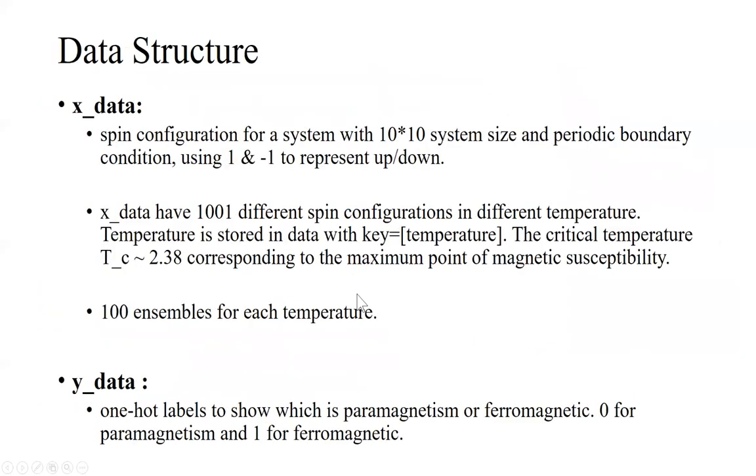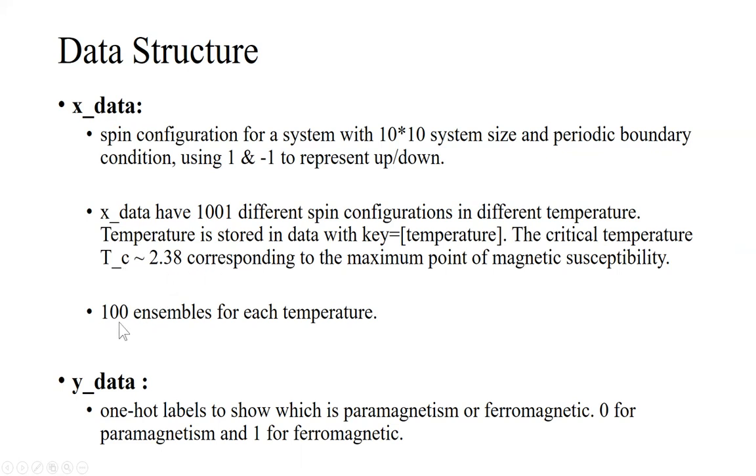So the data structure is the following. For the X data, it has a 10 by 10 system size with periodic boundary conditions, and uses 1 or -1 to represent spin up and down. It also has more than 1,000 temperatures in a wide temperature range, and I will also tell you what the critical temperature is.